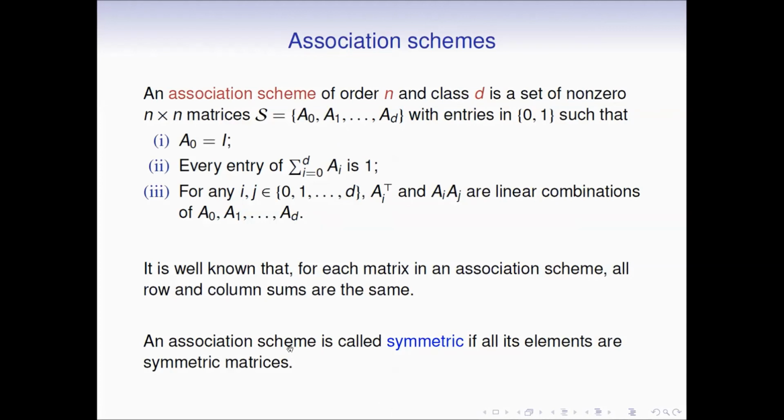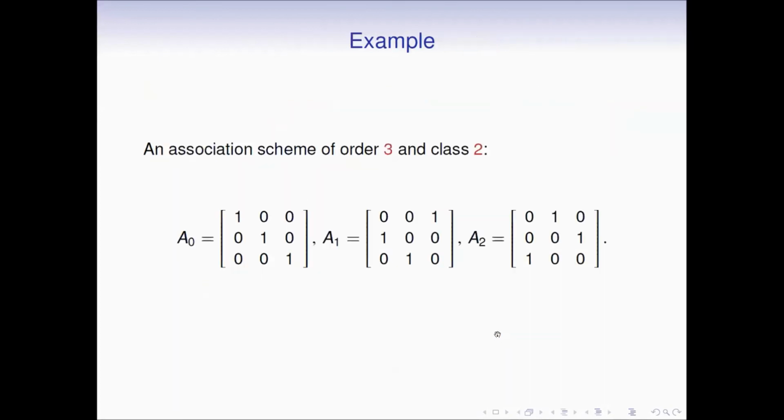And we call an association scheme symmetric if the matrices are symmetric. Here is an association scheme of order 3 and class 2. So the first matrix is identity, this is the second and the third matrix.